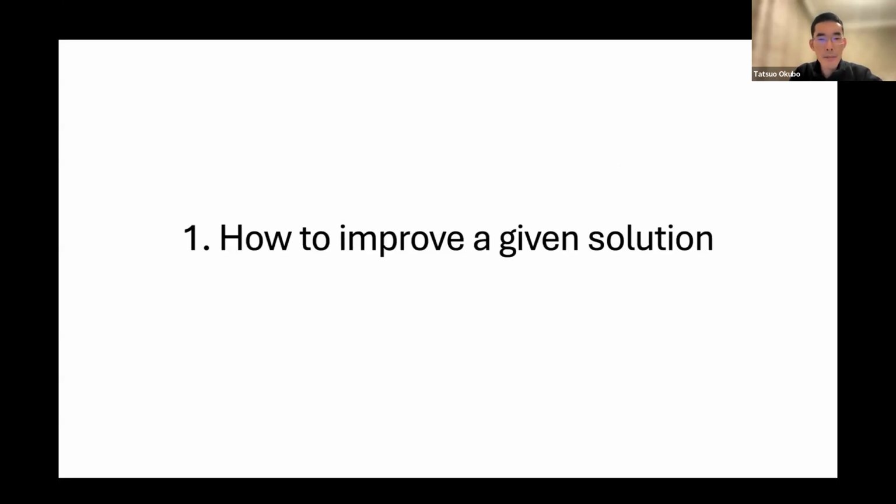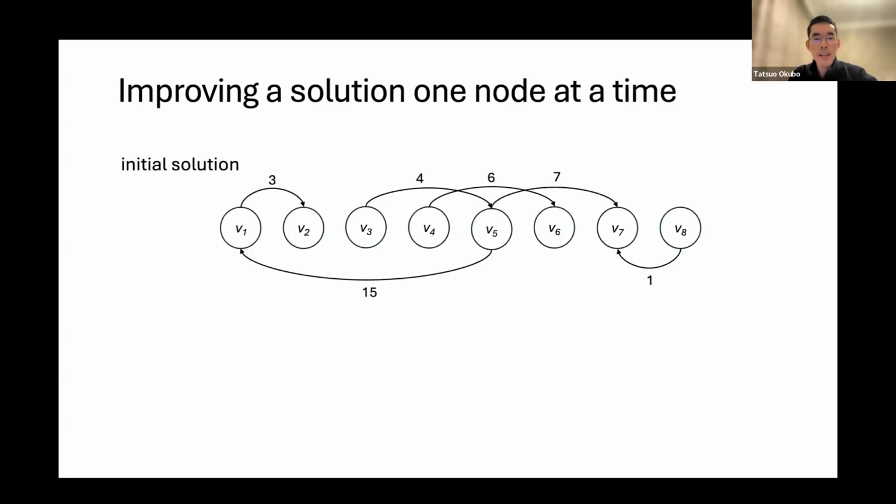Okay, so how to improve a given solution? Let's say we have an initial solution that looks like this, a little bit simplified. We try to improve the solution one node at a time. In this example, let's just take node V5 and try to see if we can insert this somewhere to improve the overall score.